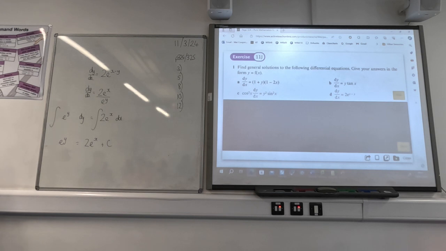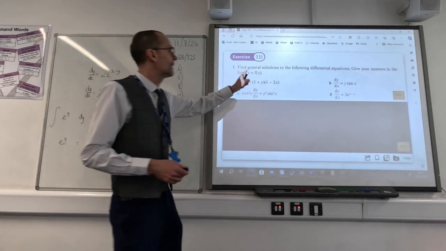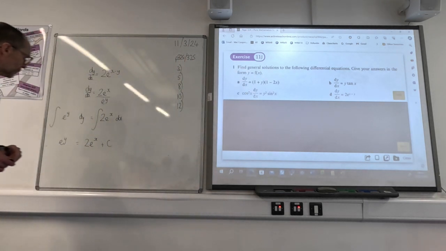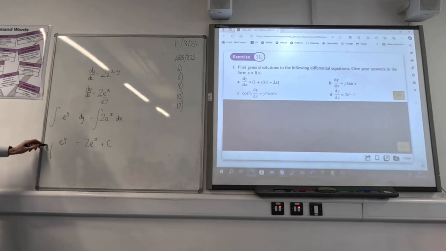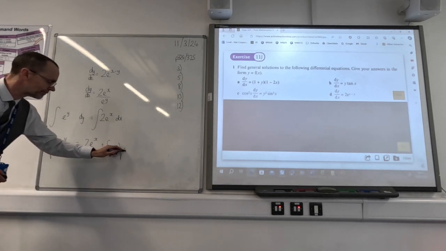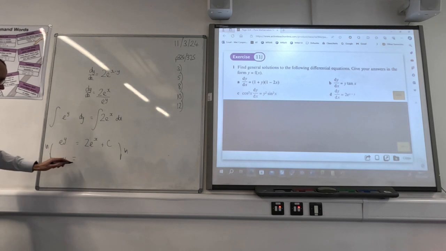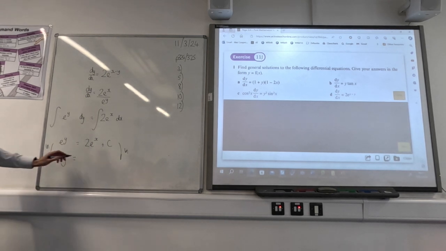No such luck in this case, but I am now going to, because the question wants the answer written in y equals form, undo e to the power of, which I do by lning both sides. So that gives me this, and there's no nicer way of writing this, sadly.